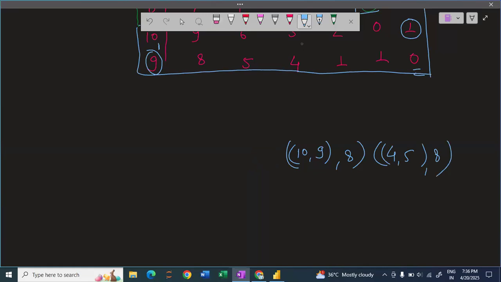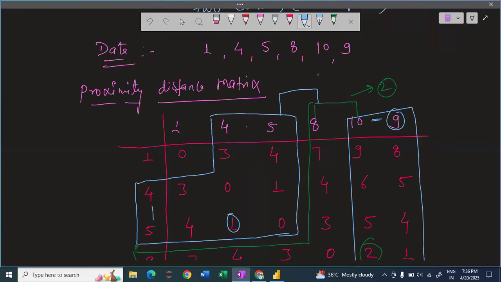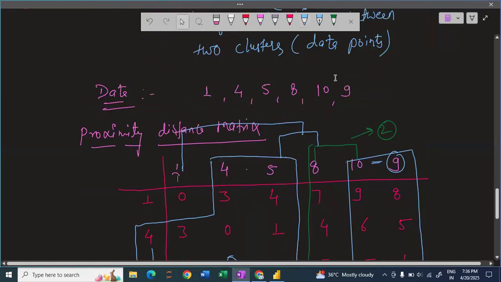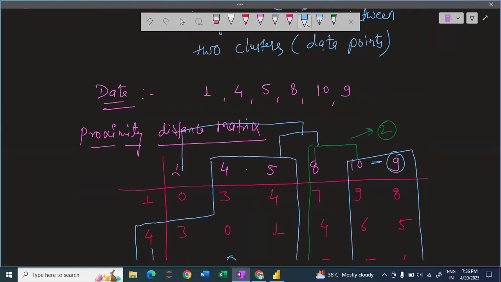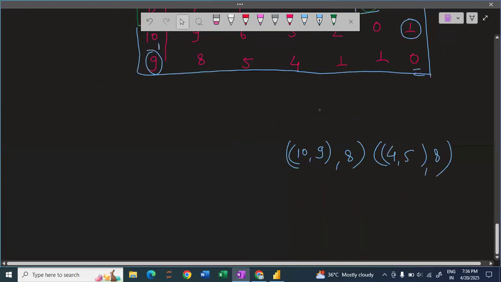This is your fourth cluster. Now I will combine this whole cluster to 1. So it will be like this, comma 1. And it will combine all this cluster. Okay, so the matrices look like this.